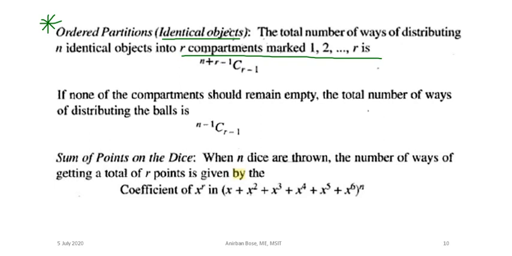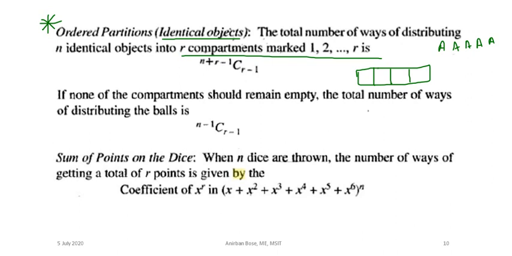So if there are n identical objects and R number of compartments, but now the objects are identical, that means all the objects are the same. Suppose there are 5 A's and they have to be distributed in, say, 4 compartments.